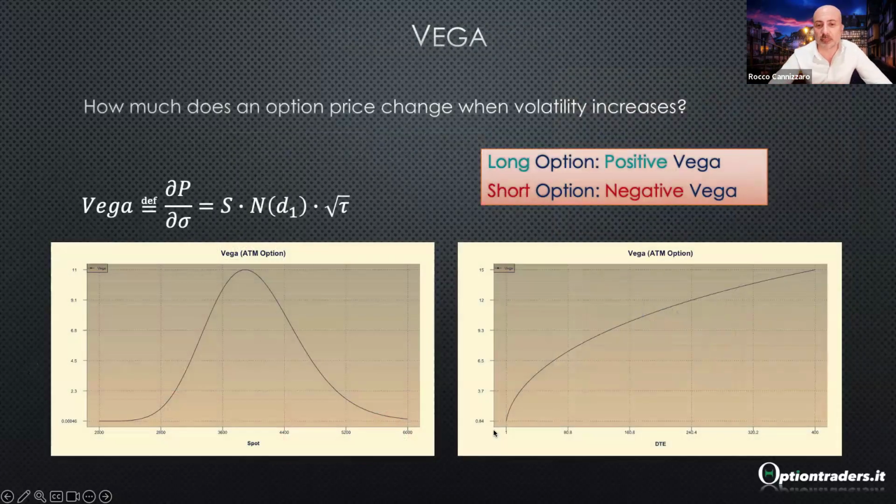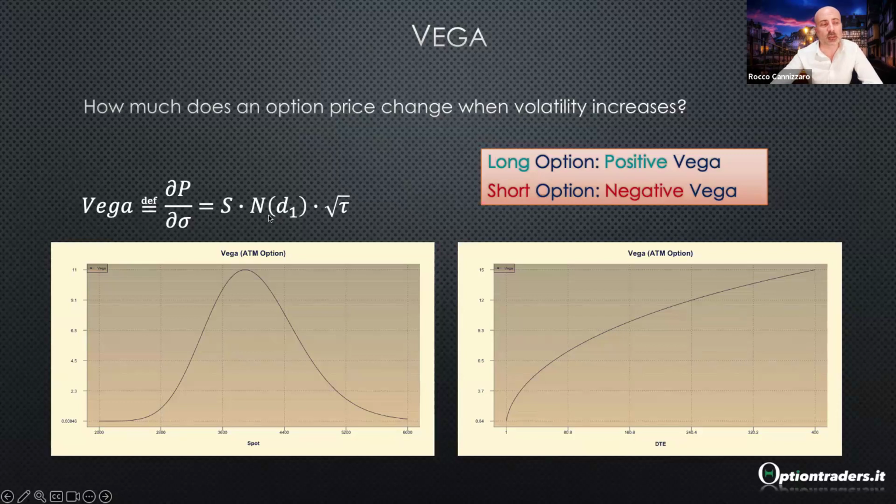Vega, as you all know, is a Greek that measures the sensitivity of an option price to a change in volatility. So what happens when the volatility increases? How much is my option going to make or lose? Being a first-level derivative, this is the derivative of the price with respect to implied volatility.